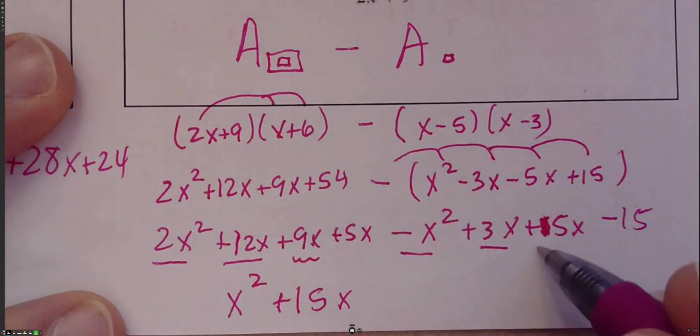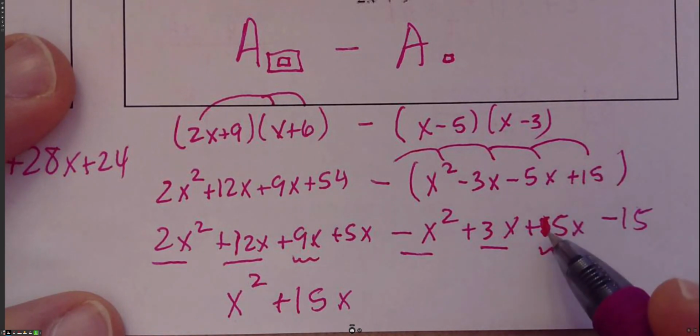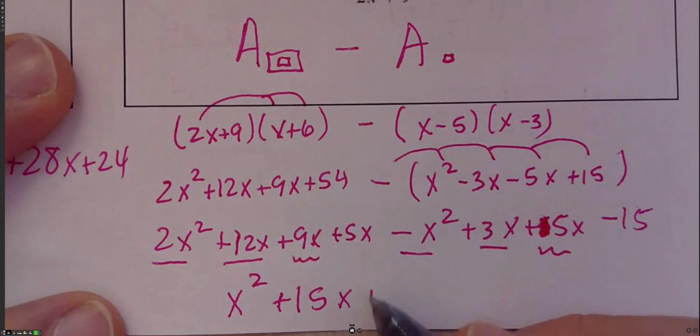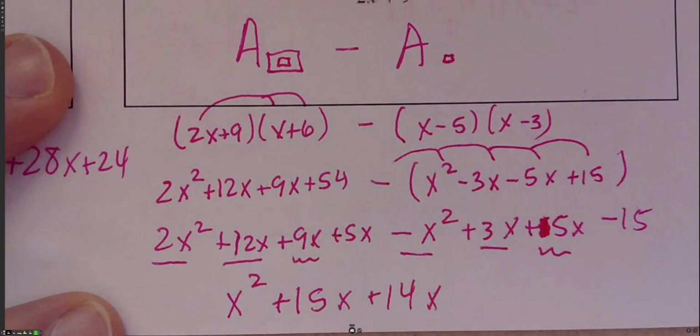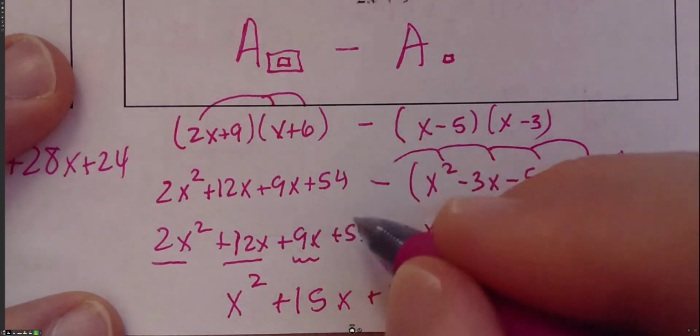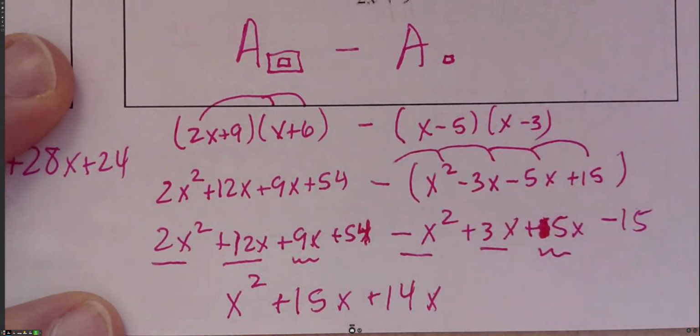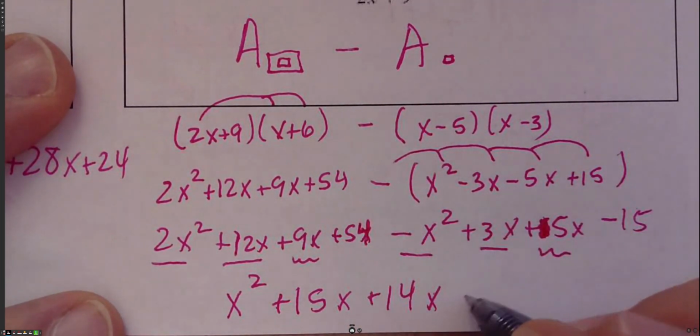A 9 and a 5 is a 14x. And then finally, oh wait. Isn't it like 39? Oh, this is a 54. Goodness gracious, I'm sorry. Is it 39?